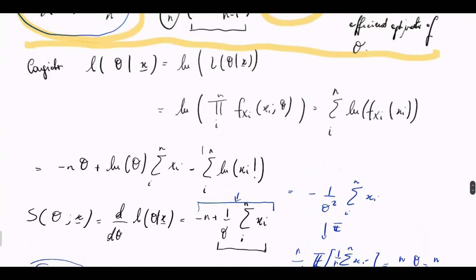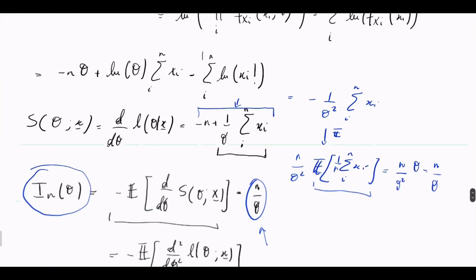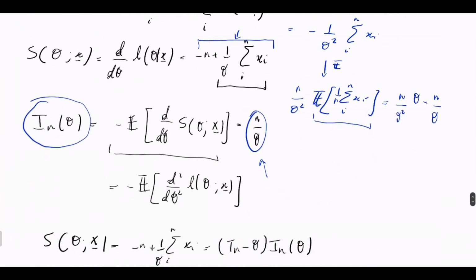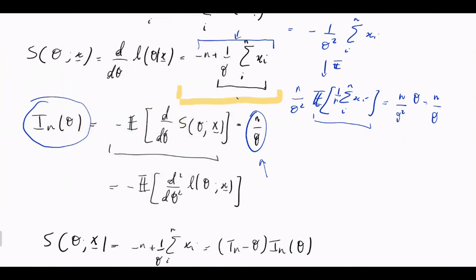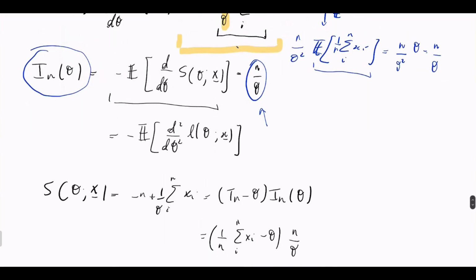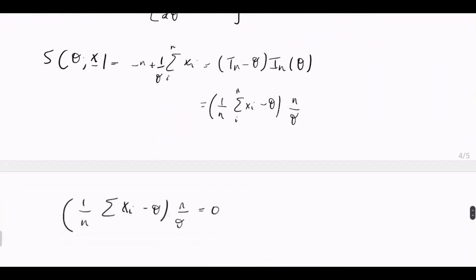Previously we calculated the variance, but if we didn't have the variance, and we put this equal to 0 and solve for theta, you get your MLE estimator, maximum likelihood. So if you solve for theta, you get that theta is equal to the sample mean.